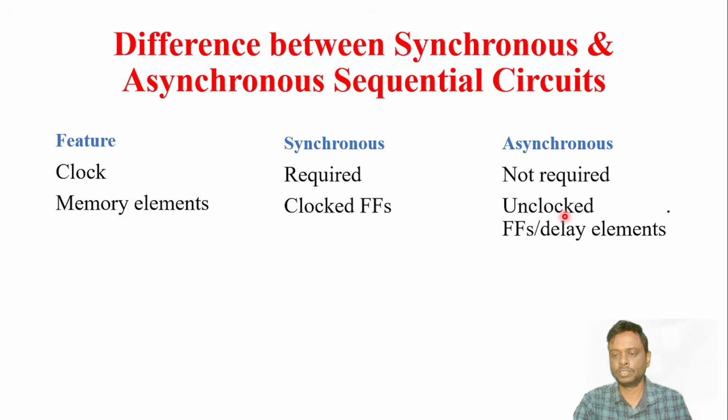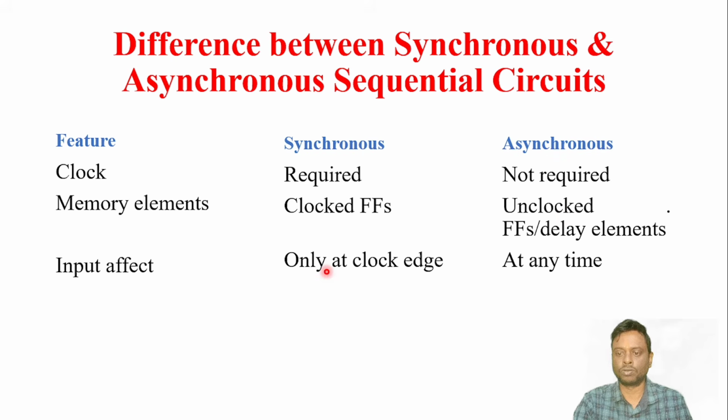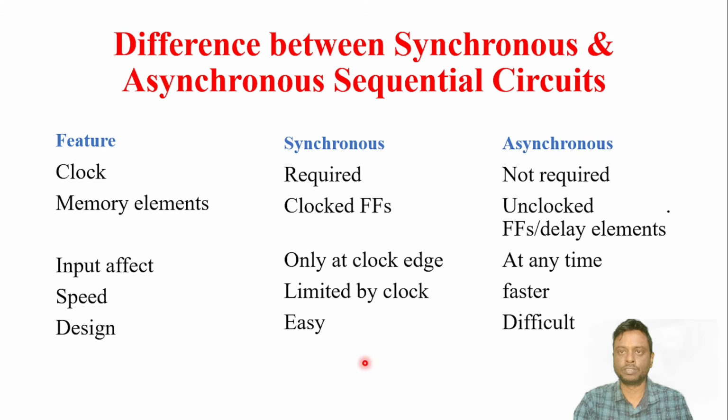The output can change state according to the clock pulse, but in an asynchronous circuit it is affected by the input at any time. Speed is limited by the clock in synchronous circuits; asynchronous circuits are faster. Design is easier in synchronous circuits and difficult in asynchronous.